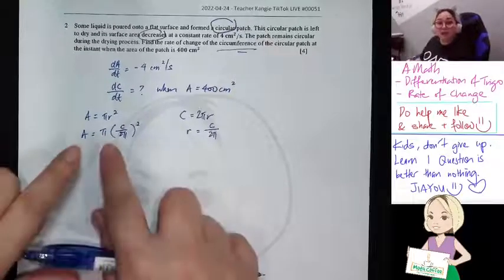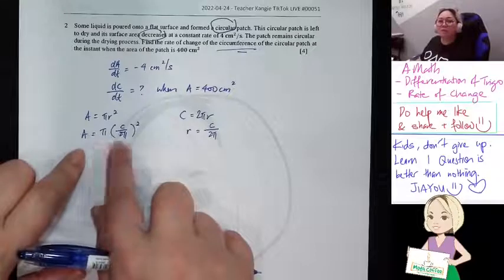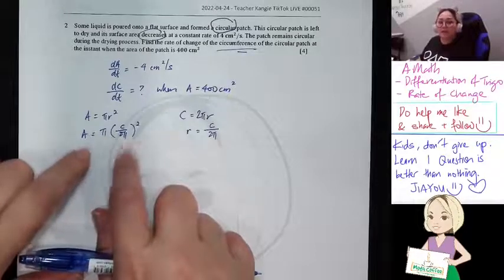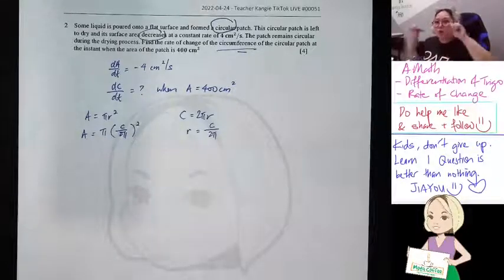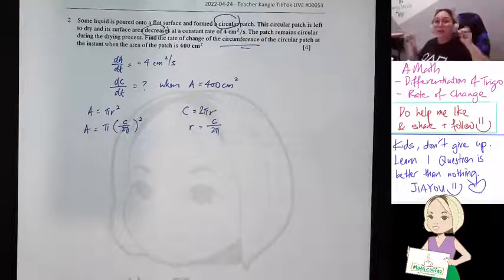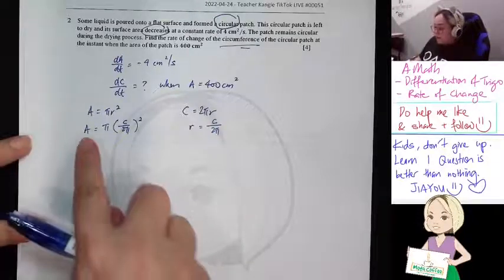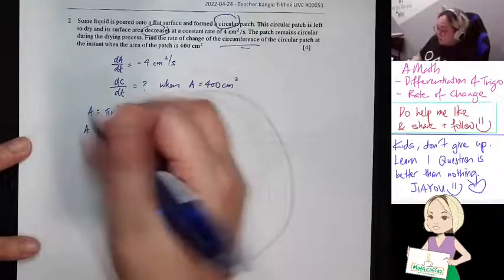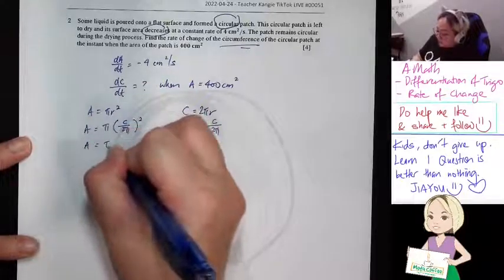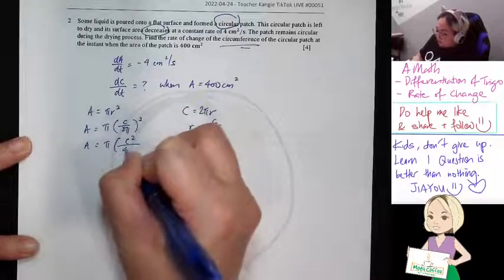Do you see that? Now I have the formula between A and C. So this is how you get rid of the r and link A and C together. Now I have A in terms of C, so I need to simplify this a bit more. This is pi C square over 4 pi square.